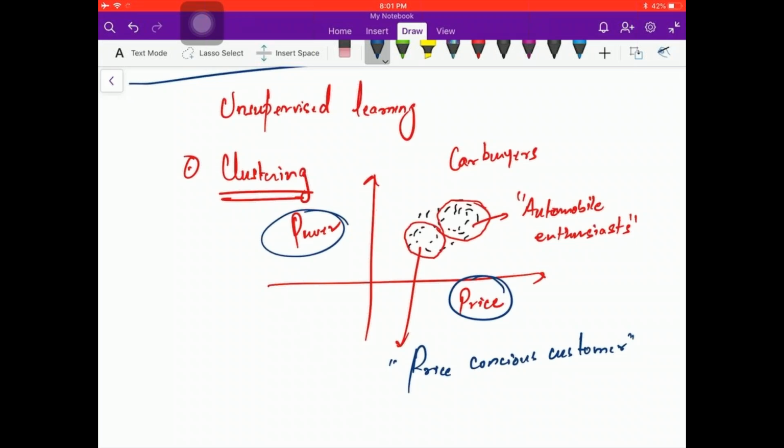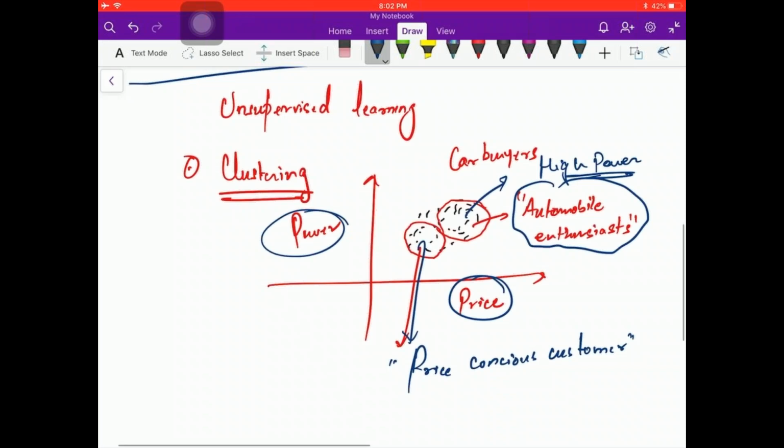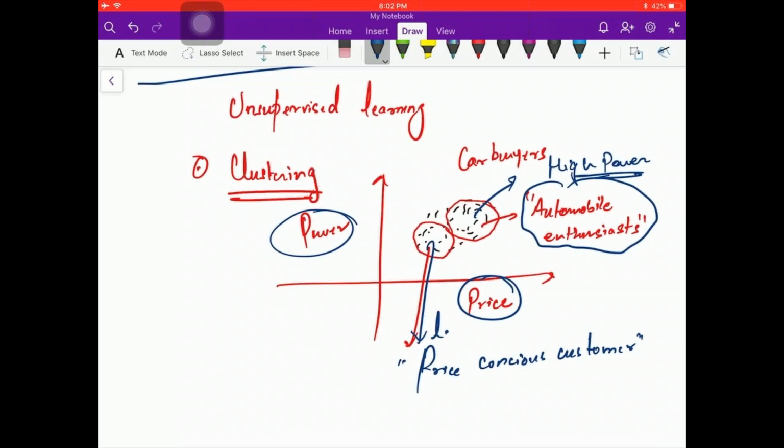No one told you this. When you get a customer from this group, you present him cars which are, let's say, high power, and if you get a customer from this group, you show him cars of low price, right?